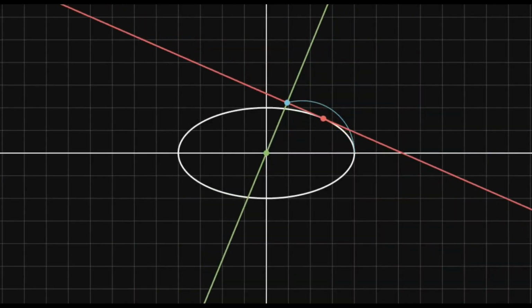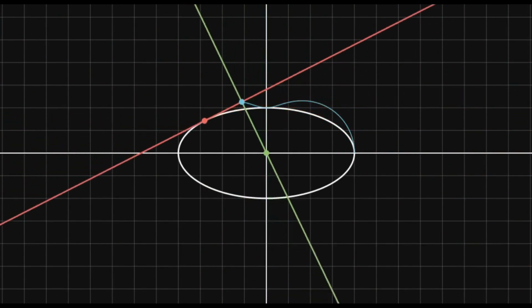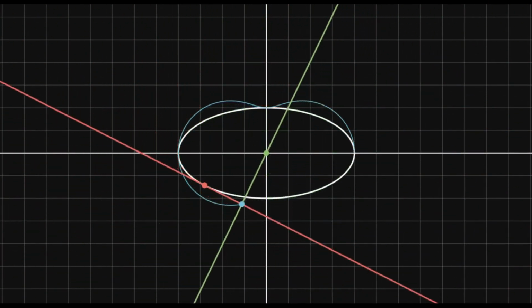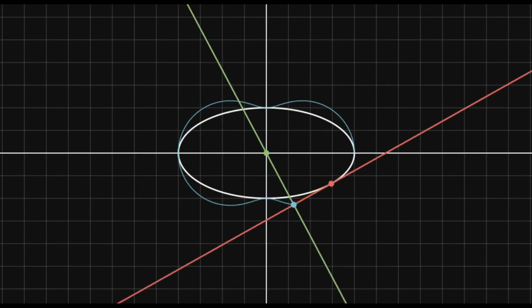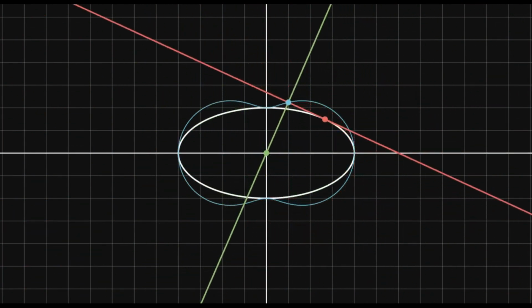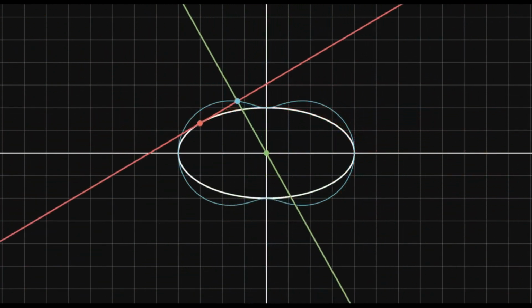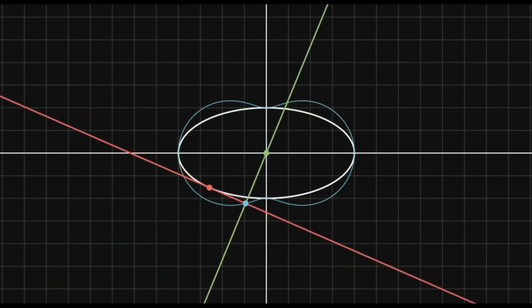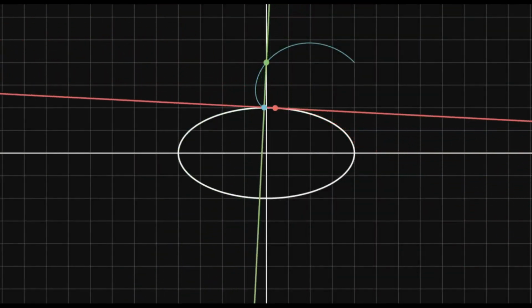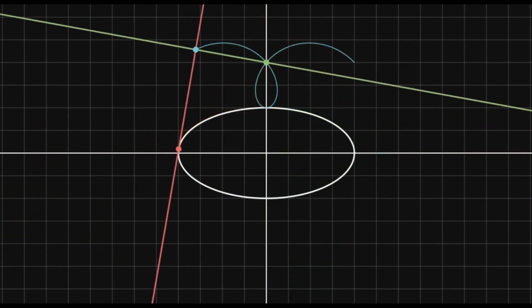Here's an ellipse. If the pedal point is in the center, we obtain a curve called a hippopede. If the pedal point is outside the ellipse, we obtain something like a stretched out limaçon.